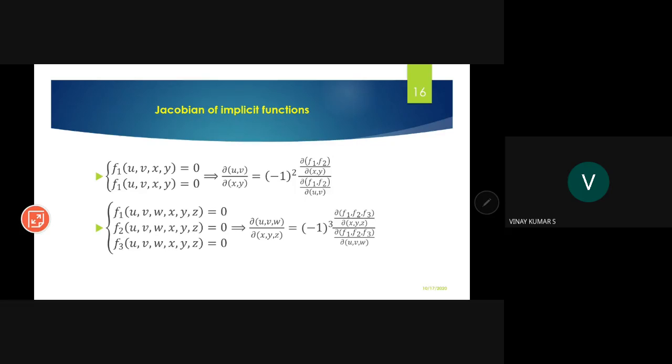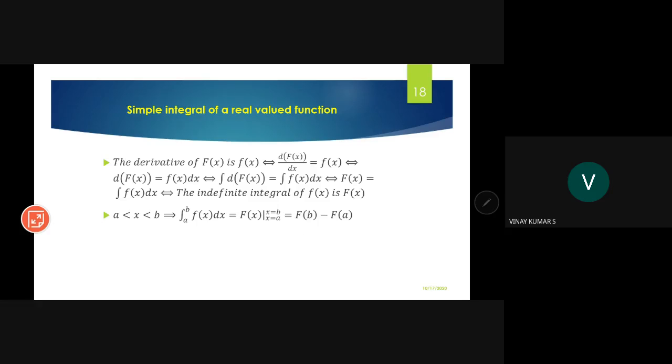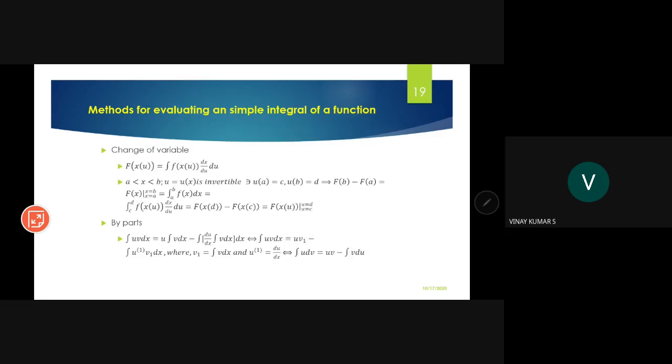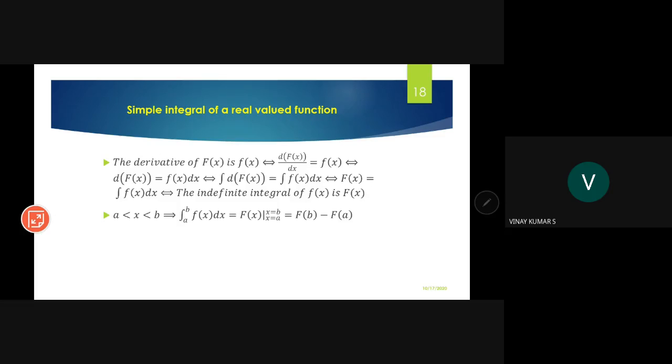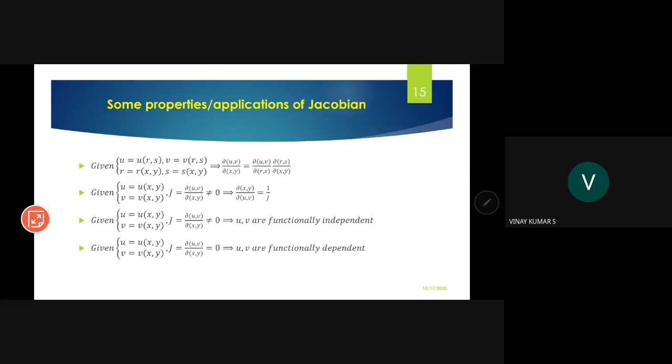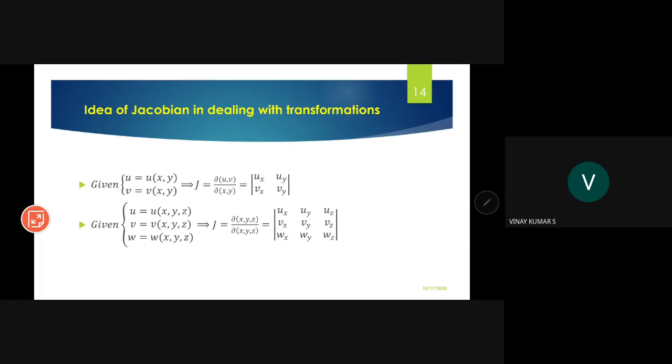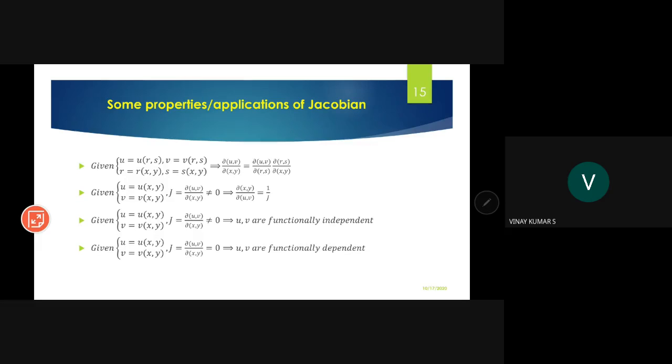That's why I removed that slide. Let's see. No, I removed that slide. In fact, at an appropriate time I will tell you.